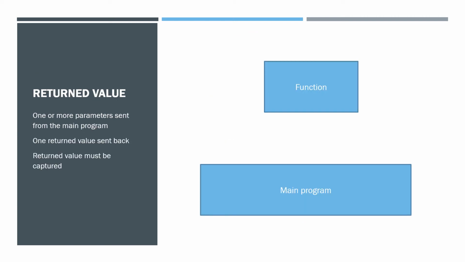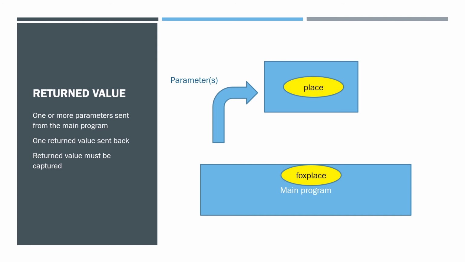We also want our function to permanently change the place of these different characters in the main program. So let's use the example of fox place. The fox's place is sent up as a parameter. It's changed in the function, and the new different value is passed back to the main program, and now it's permanently changed.